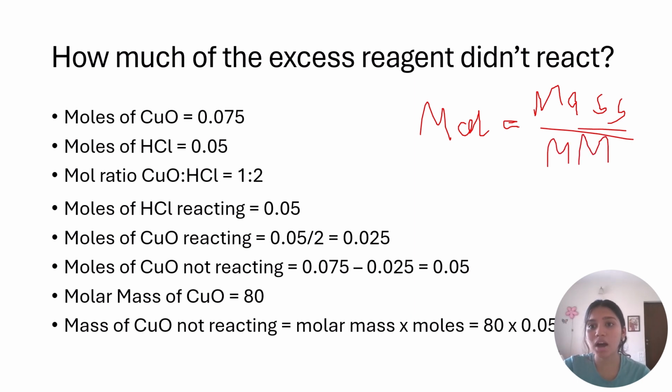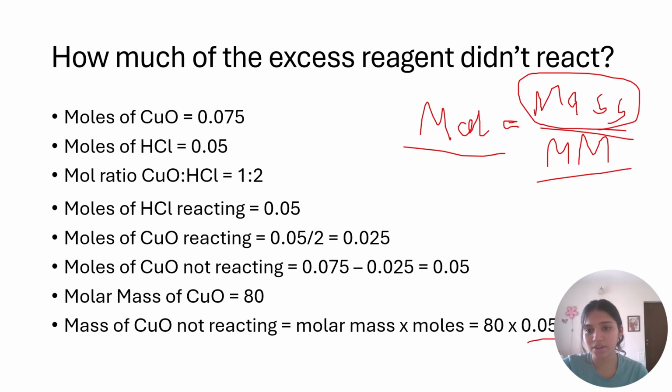Therefore, the mass of CO not reacting is equal to moles into molar mass, which is equal to 0.05 into 80, and that is 4 grams. So the amount of copper oxide that doesn't react is 4 grams, and we know that we started off with 6 grams of copper oxide. That means 2 grams of copper oxide did react. Okay, I hope this made sense to you guys.